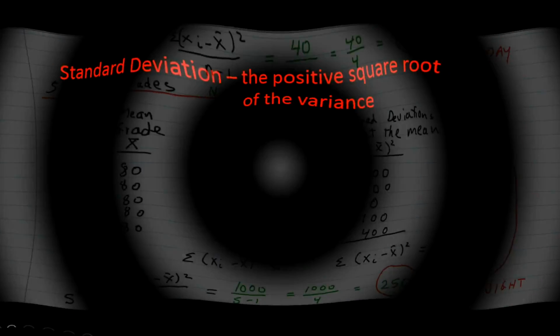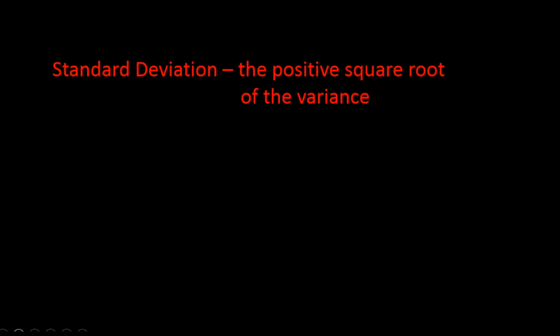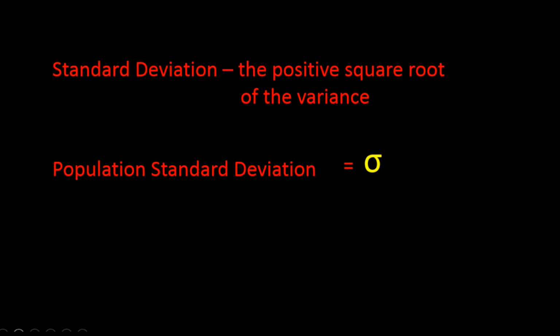Another measure of variation that we use in statistics is the standard deviation. The standard deviation is defined as the positive square root of the variance. For the population standard deviation, we use the symbol sigma, and it is simply the square root of the population variance, sigma squared.